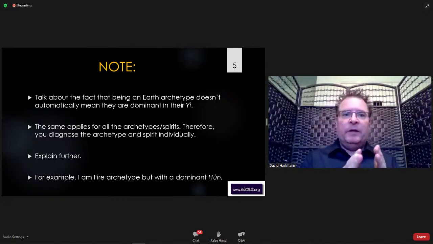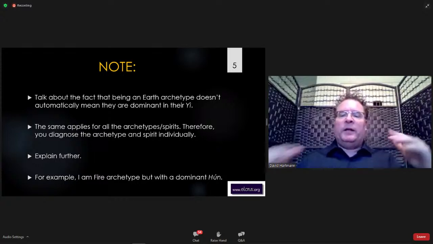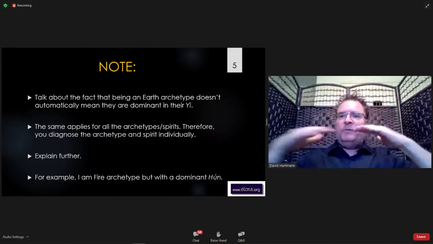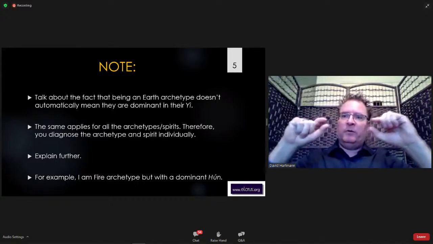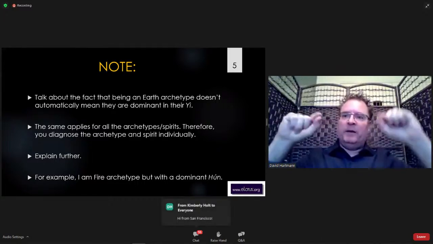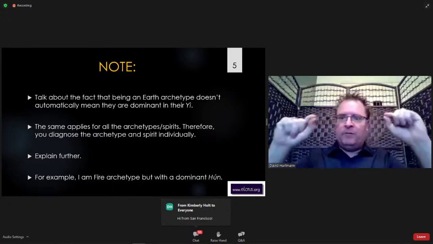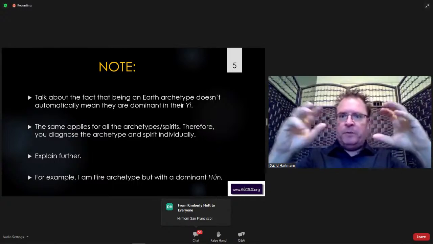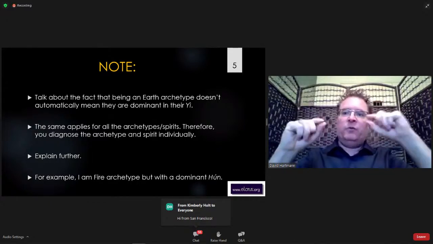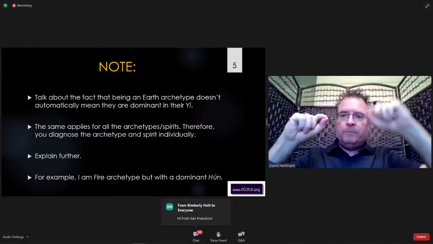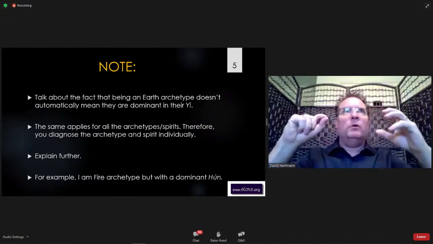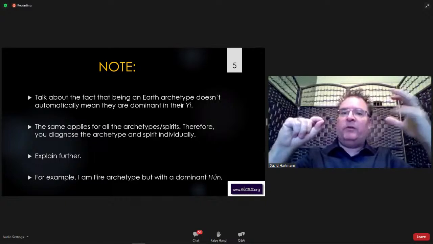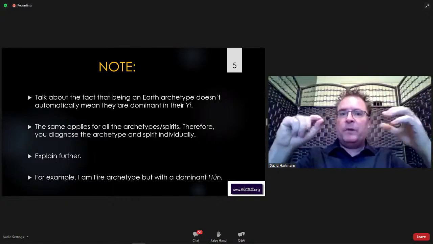Just because you're an Earth archetype doesn't mean you're automatically going to have your Yi dominant. This is the line of balance, and we picture all 5 of the spirits sitting at that line of balance, hovering a bit above, a bit below at any given point. Just because you might be a dominant Earth archetype doesn't automatically mean the Yi will be sitting up there in that more dominant role, or even in excess.